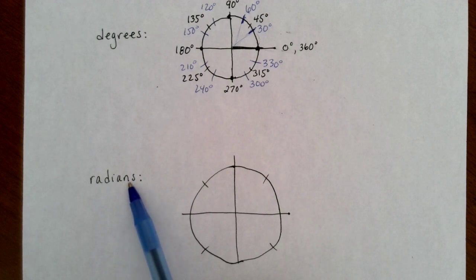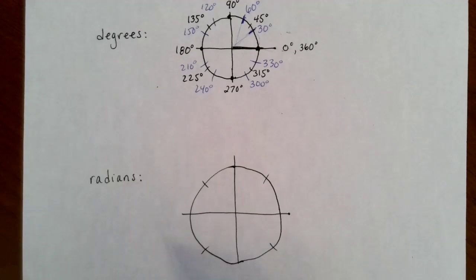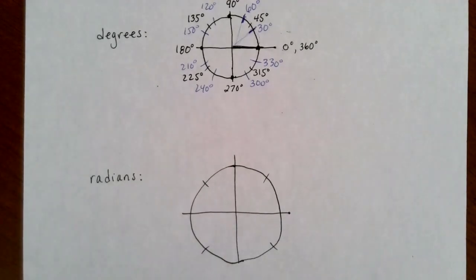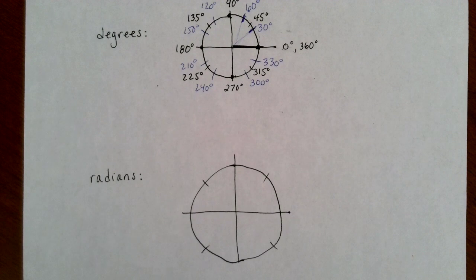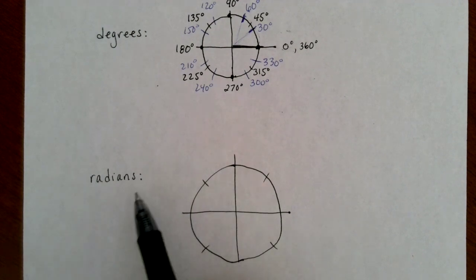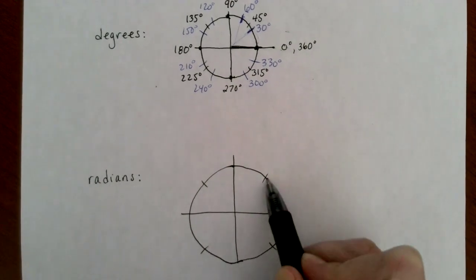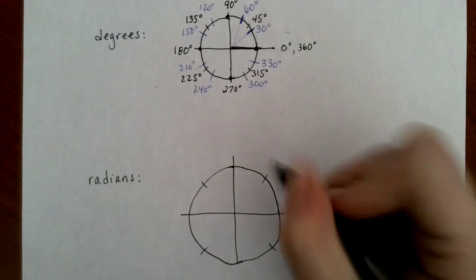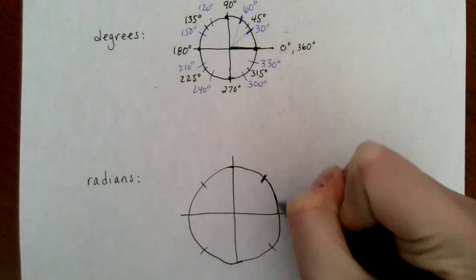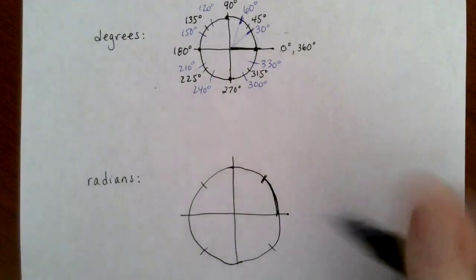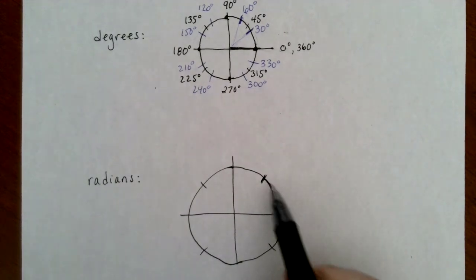All right, so I'm going to repeat the process here with one starter piece of information. The radian measurement of an angle is exactly the length of the chunk of unit circle it intercepts, right? So at this point right here, the radian measure of that angle is just whatever the length of that chunk of unit circle is.